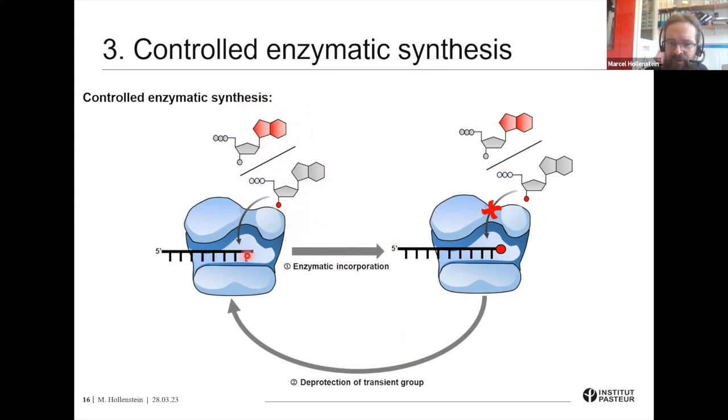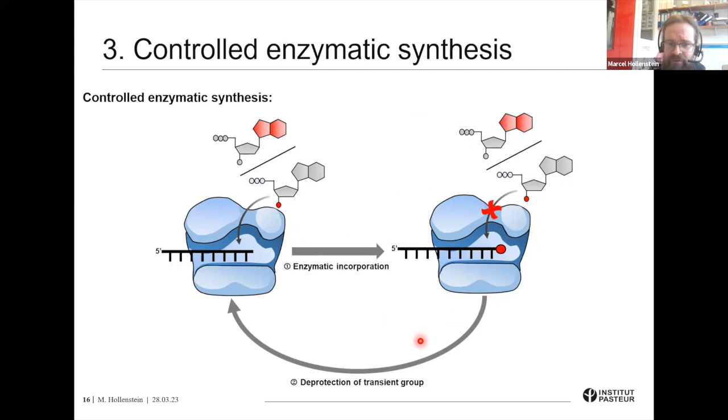The polymerase will then incorporate one nucleotide, and the blocking group then prevents further insertions of nucleotides from occurring. After deblocking the temporary masking group, a new cycle can be produced. So this is an approach that works very well for DNA.